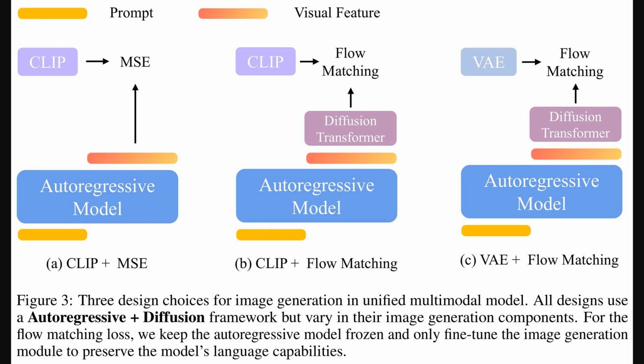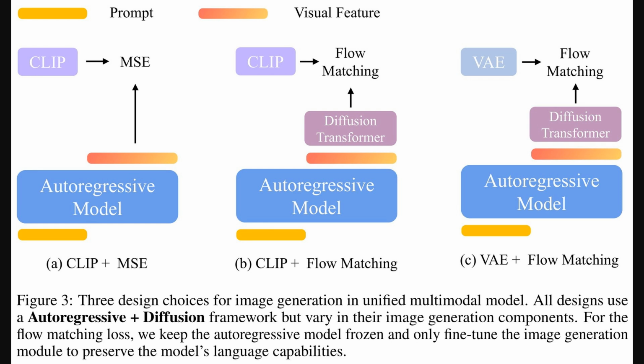Option A uses CLIP image features and an objective called mean squared error, or MSE. MSE is a common way to measure the difference between what the model predicts and the actual target. Option B, which is the one BLIP3-o ultimately uses, also starts with CLIP image features but pairs them with that flow matching technique using a diffusion transformer.